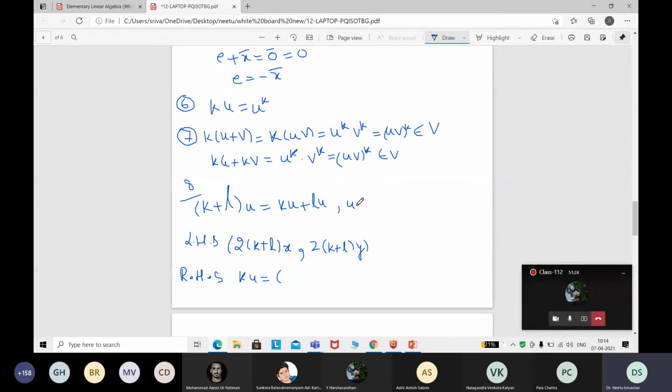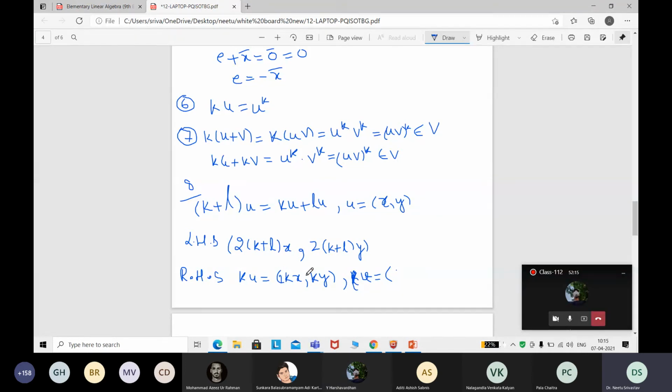You can write U as a vector which is taken as X comma Y. So multiply K into U, you will get 2KX comma K into Y. Then it should be LU, not KL, so 2KX and 2KY.